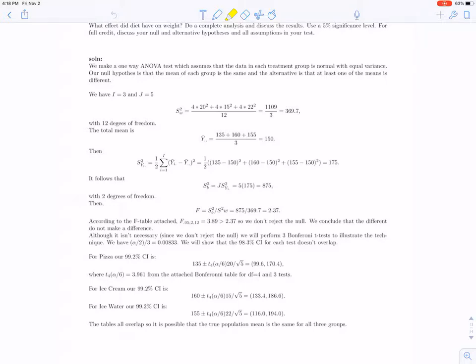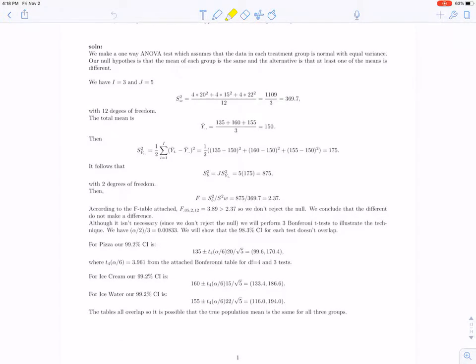And so then we get the sample variance of the group means, and that's 175. And we can calculate the between sample variance, which is 5 times 175, or 875. So this has 2 degrees of freedom.